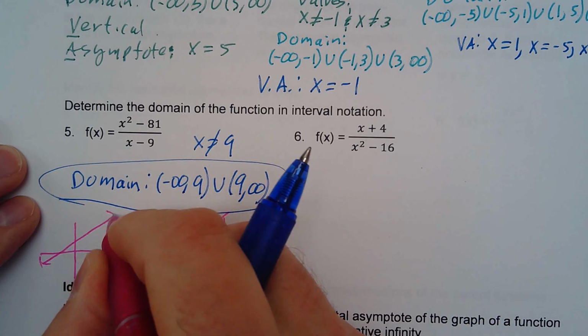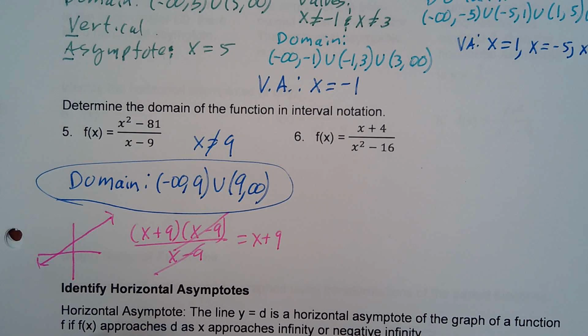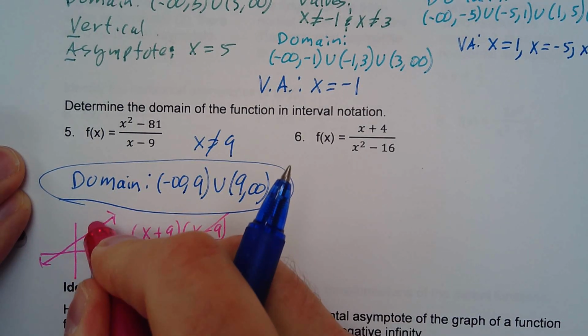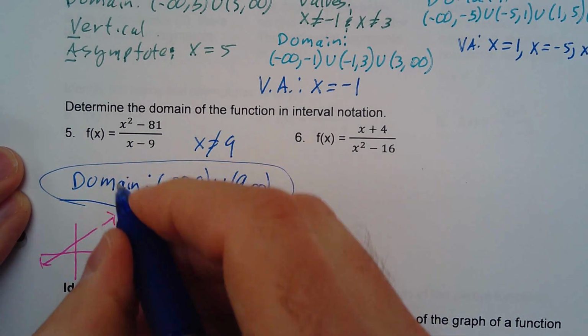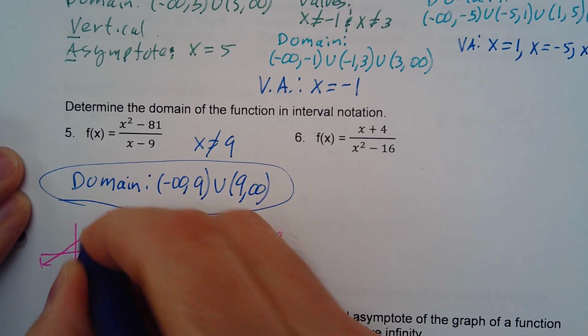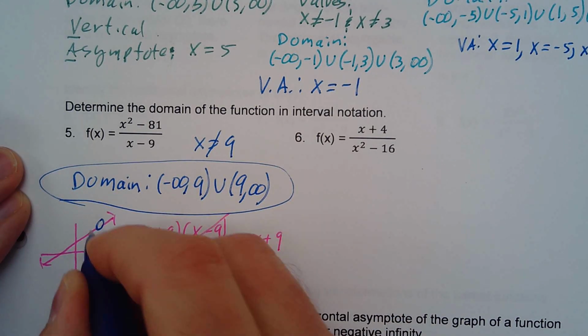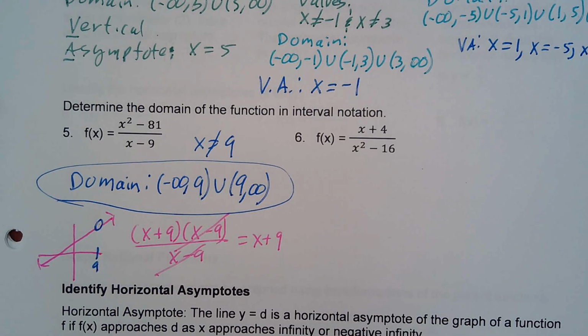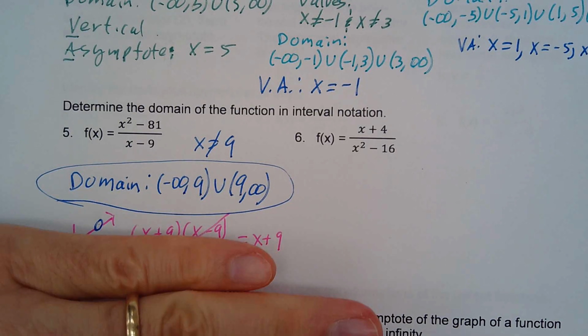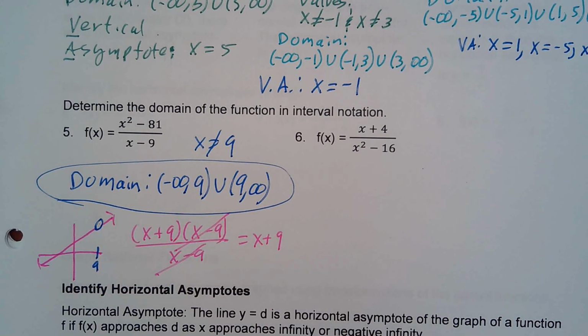But what's going to happen when we get up to 9, there's going to be a hole in the graph because that's where the function's undefined. Again, we don't need to worry about this. We were just going after the domain here.